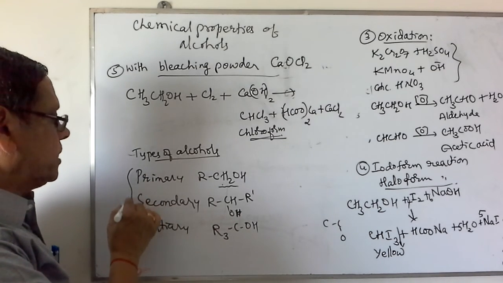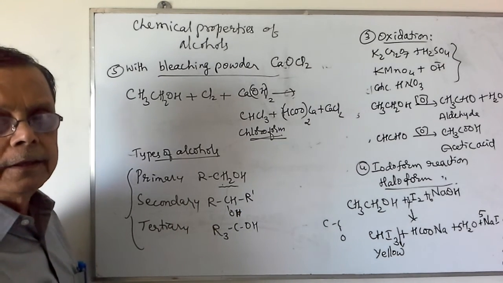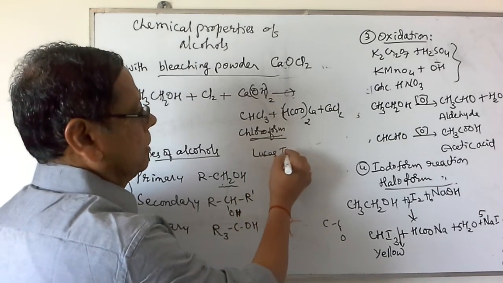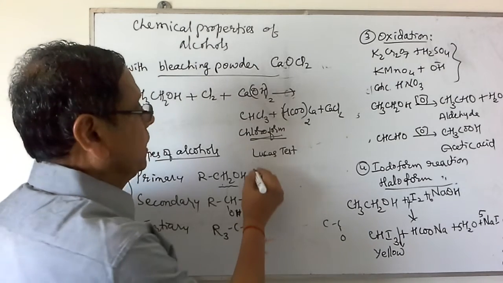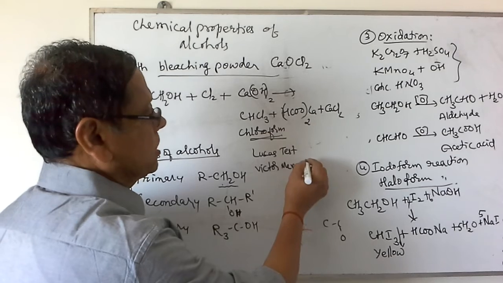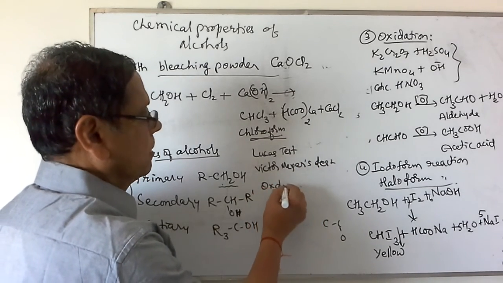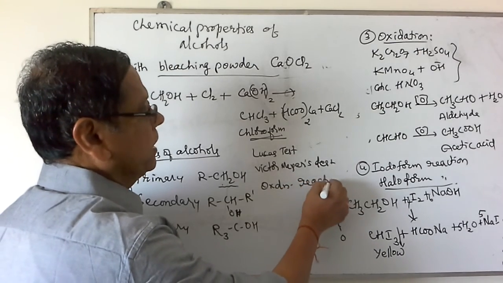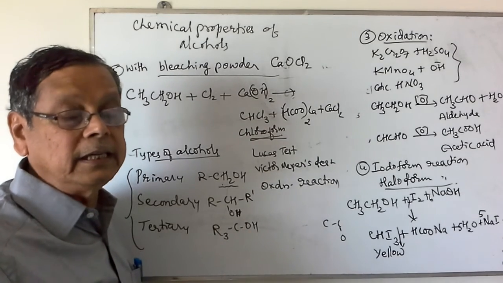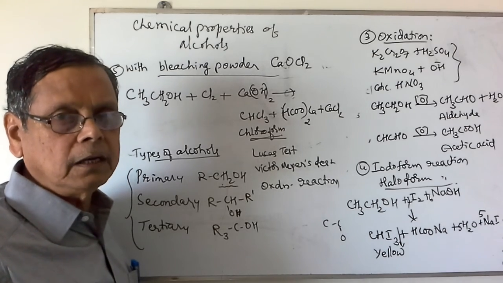There are so many reactions we can use to distinguish primary, secondary and tertiary alcohols. Like the Lucas test, then we have Victor Meyer's test, then we have oxidation reactions, and also we can use a dehydrogenating agent like heated copper or silver metal.